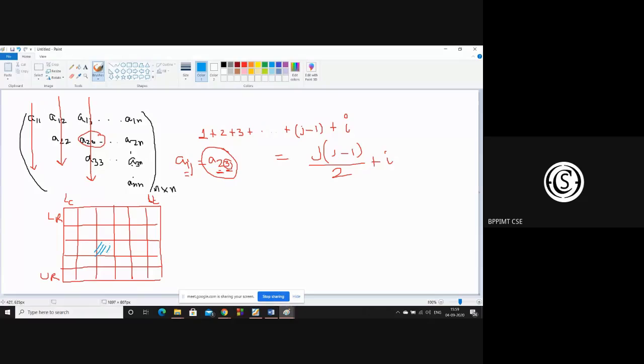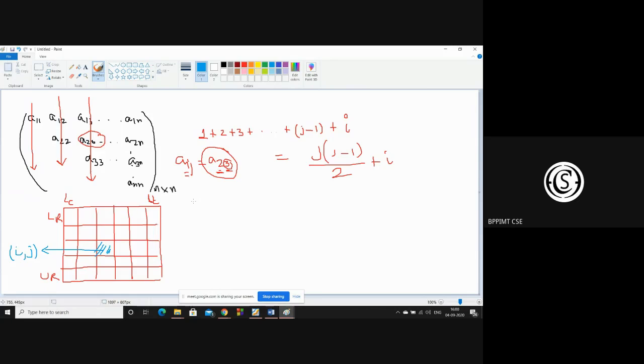Suppose we want to find out the position at this location ij. Clear? This is the location ij.